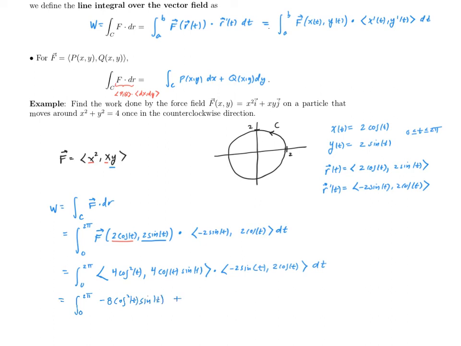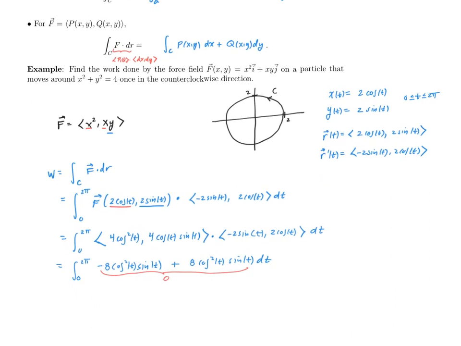And when we multiply together the second components, we would have an 8 cosine squared t sine of t. And note this works out almost too good to be true in a sense. We have the integral from 0 to 2 pi of 0. And anytime you evaluate the definite integral of 0, you simply get back 0.